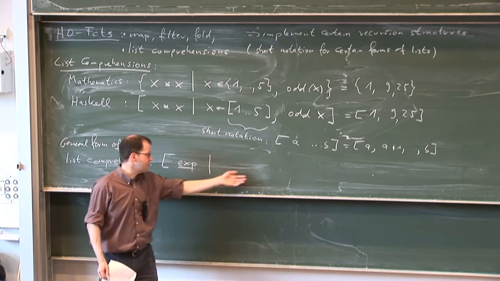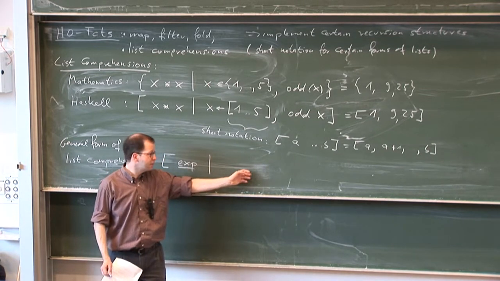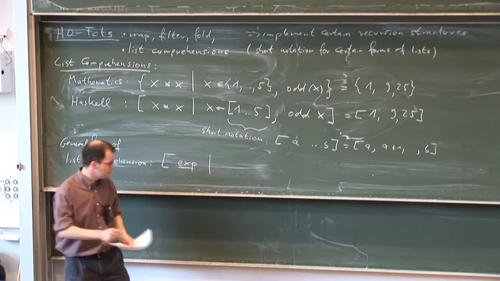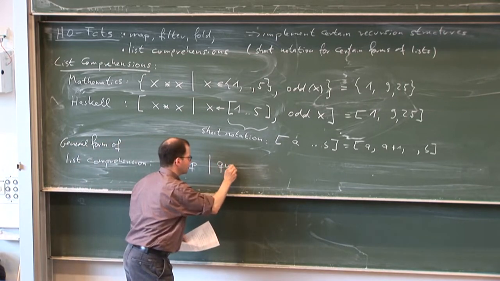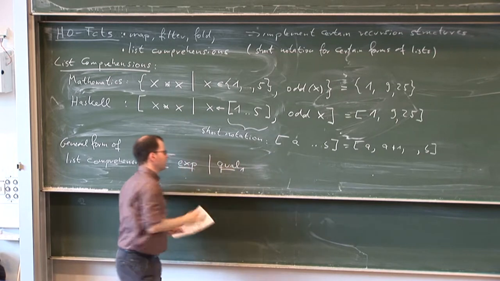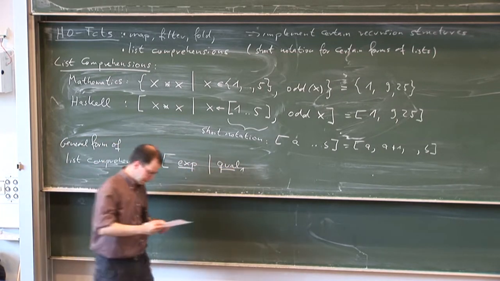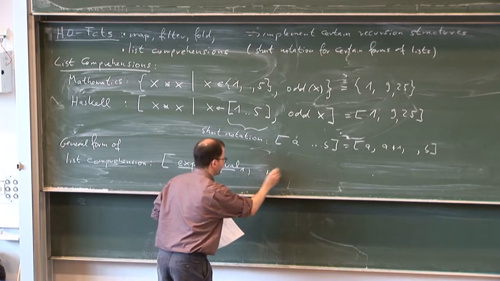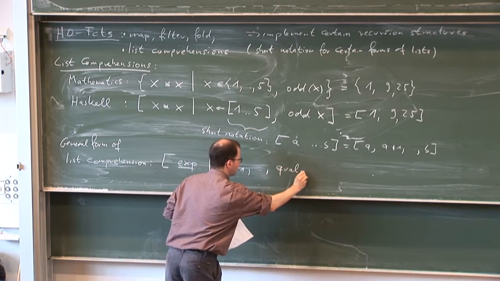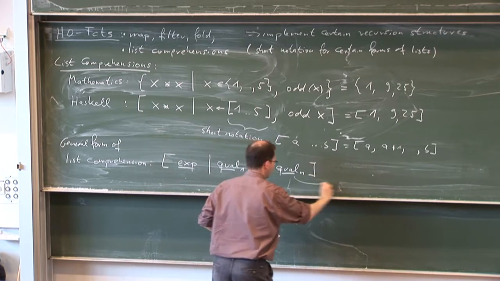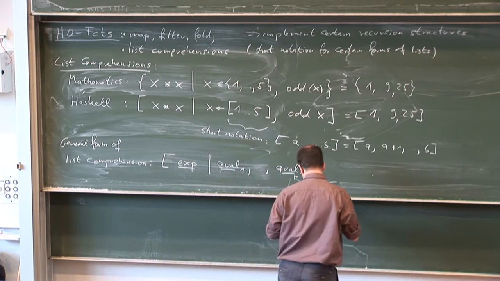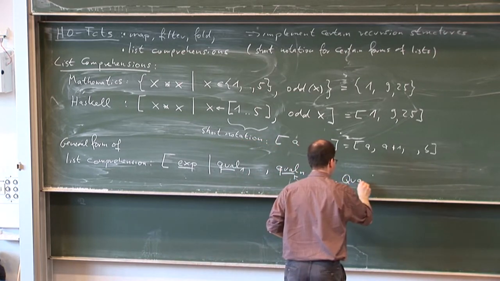The variables take on several values, and which values they take on is given by the part after the vertical bar. And these expressions which say which values these variables take on are called qualifiers. Here you may have many qualifiers, qualifier 1 until qualifier n. Something like this is called a qualifier.